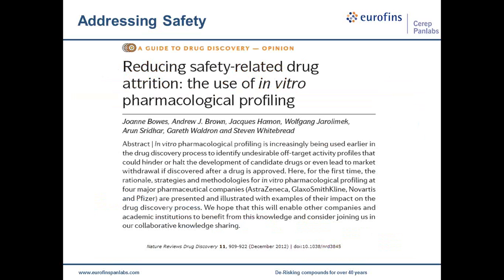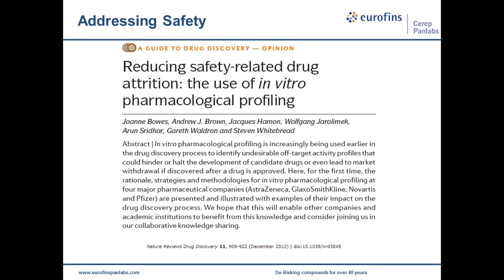It's a good time to mention that fairly recently, in order to fill a little bit of the vacuum that has come from the regulatory agencies with respect to what should be run and when, some groups from AstraZeneca, GlaxoSmithKline, Novartis, and Pfizer got together to combine their joint knowledge and experience in doing safety pharmacology profiling.